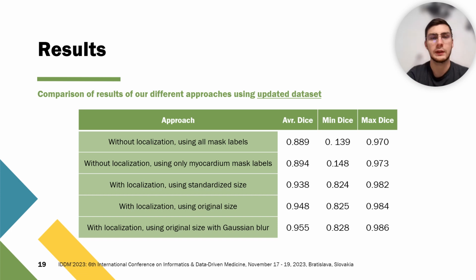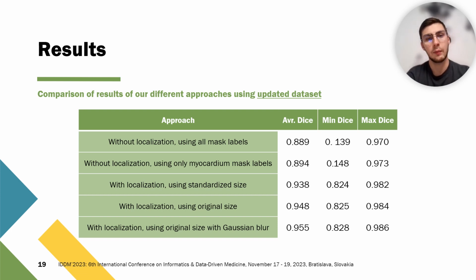On this slide you can see a comparison of the results of our different approaches using the updated dataset. The first experiment tests the model without localization using all mask labels provided in the original dataset. Then we use the updated dataset with only the myocardium mask label. Then we add the localization step.